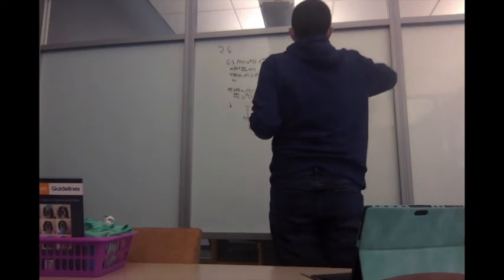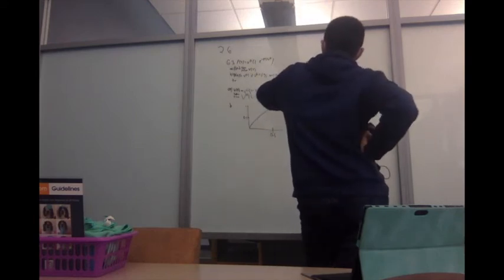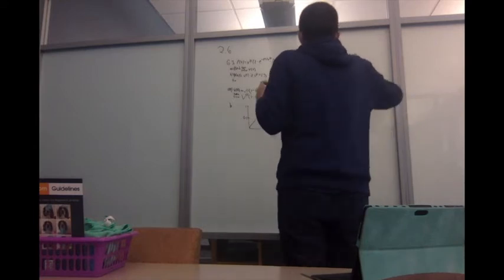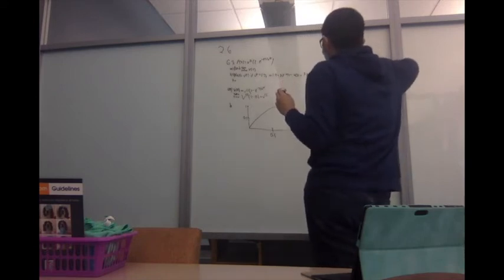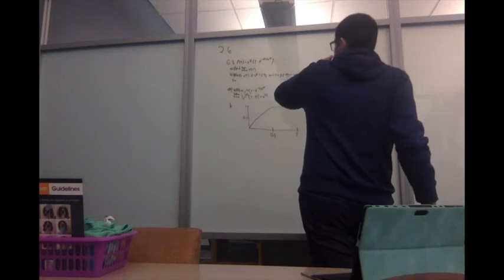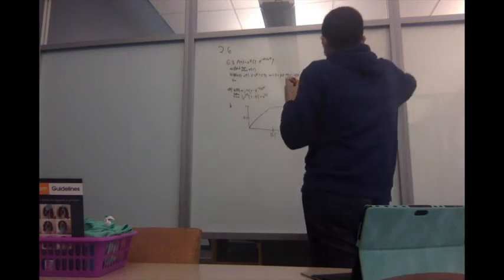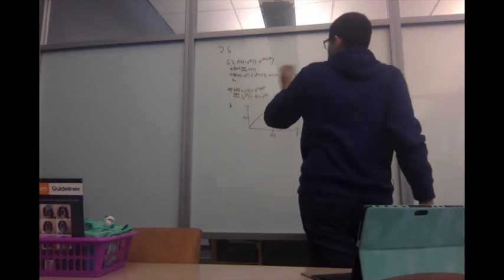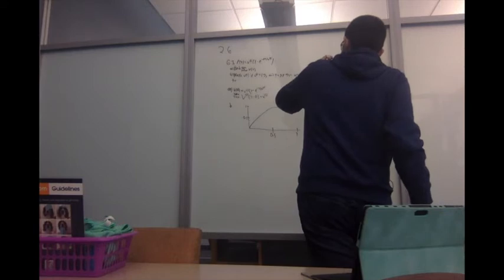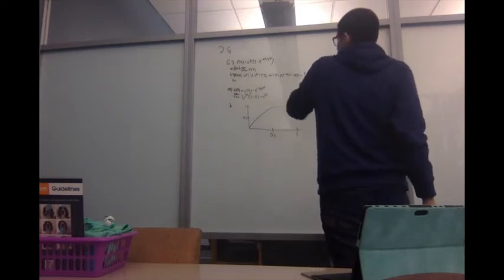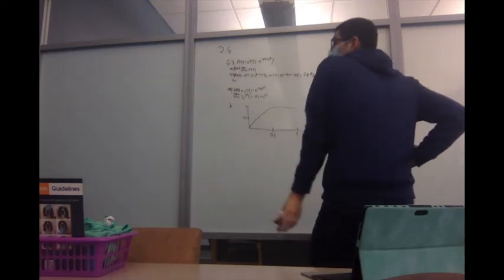0.99 V star, because V star is our terminal velocity, and it's asking what's our time when our velocity is 99% of the terminal velocity. So 99% of our terminal velocity is equal to our equation, putting in all the variables at that point.